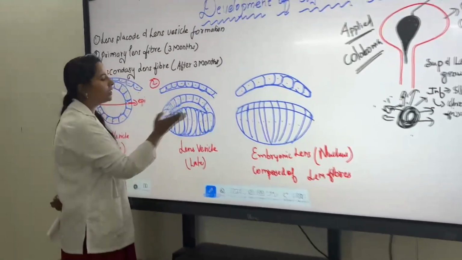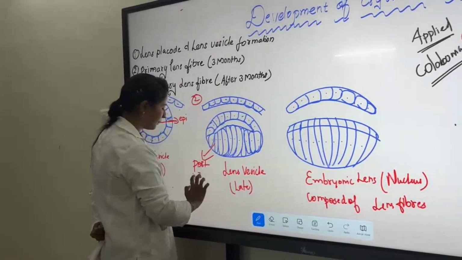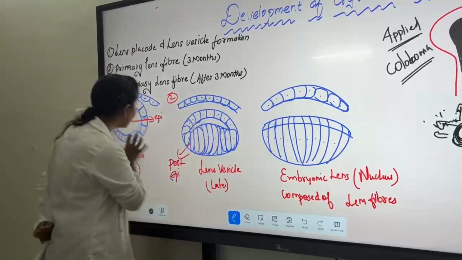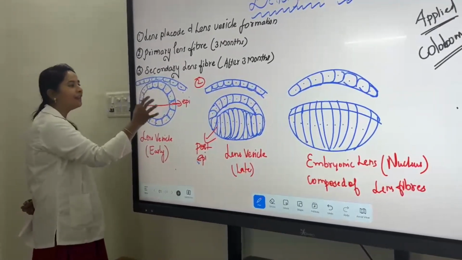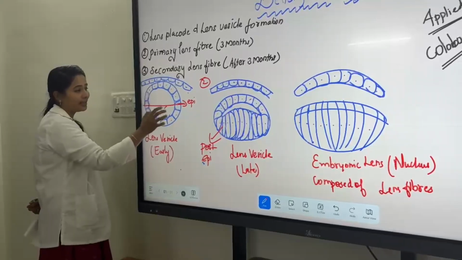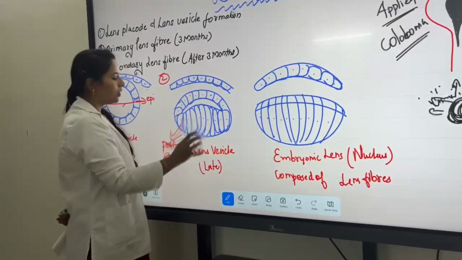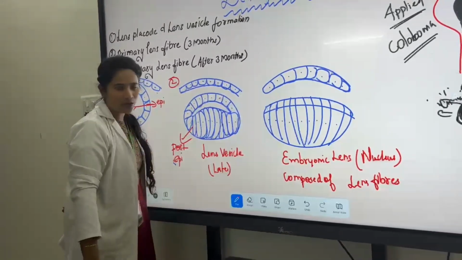What will happen here? This posterior epithelium will move forward and fill this cavity. It will fill the space over here. And this is called the lens vesicle, which is in the later stage.